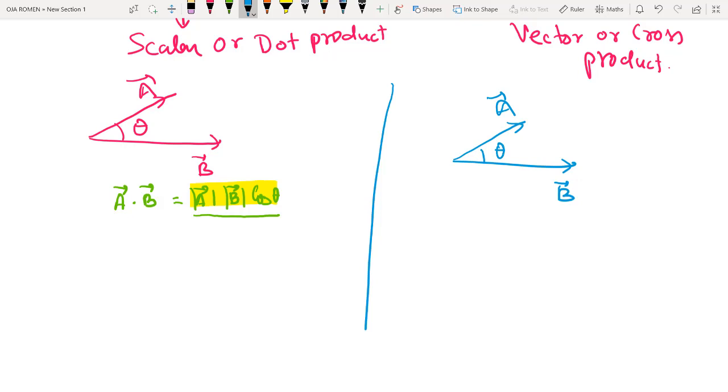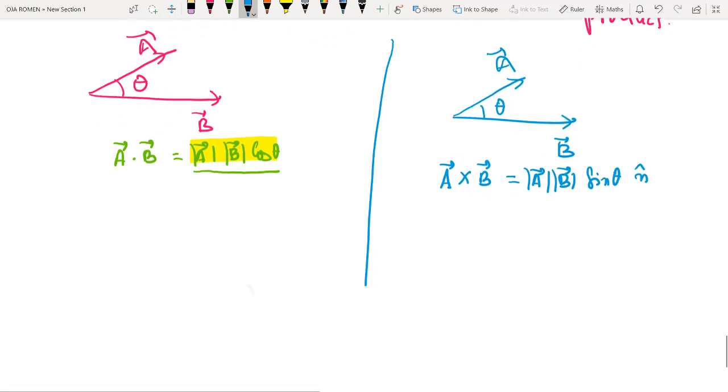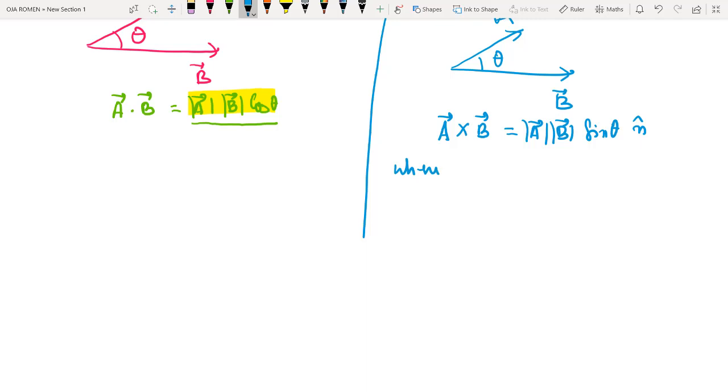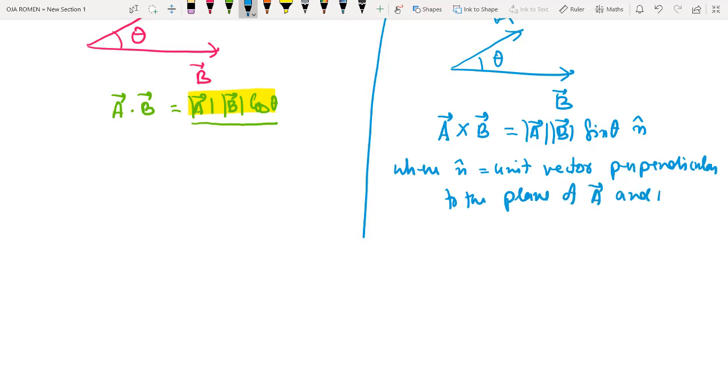Then A cross B is defined as magnitude of A, magnitude of B, sine of the angle between the two vectors, and a unit vector n, where n is the unit vector perpendicular to the plane of A and B. The plane of AB means the plane of the paper.